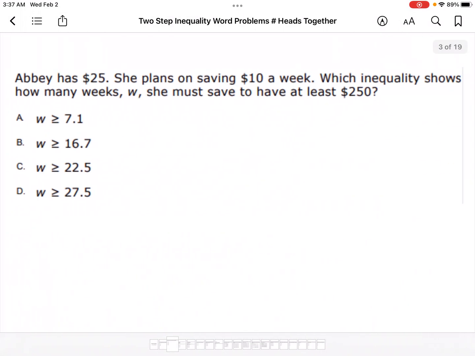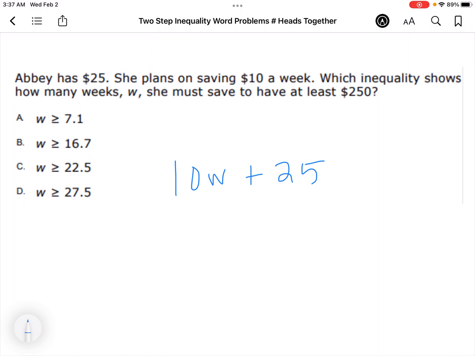Abby has $25. She plans on saving $10 a week. So that tells me where the variable is going. It shows she already has $25. How many weeks must she save to have at least? So that means at minimum. So she can have more than that, but she can't have less than that, $250.